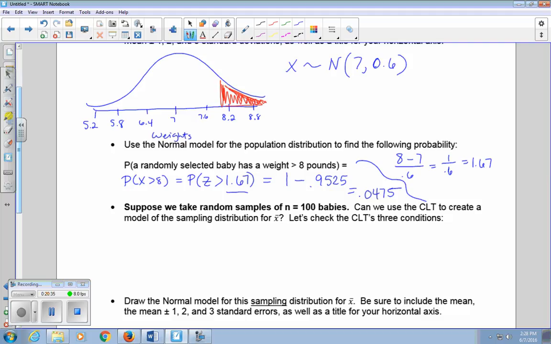So the probability that a randomly selected baby has a weight of greater than 8 pounds is 0.0475. Now, suppose we take random samples of 100 babies.